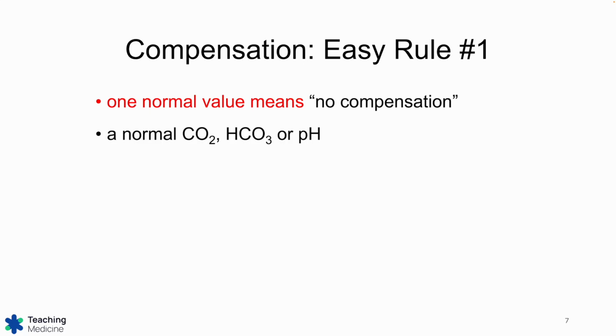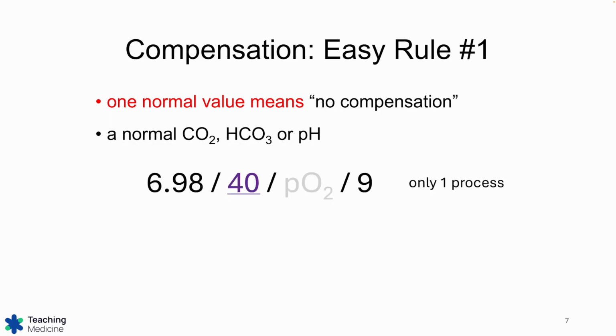So rule number one, if you have one normal value in your ABG, not including the PO2, remember we're not really looking at that, one normal value means you have no compensation. So if you have a normal CO2, a normal bicarb, or a normal pH, you do not have compensation.